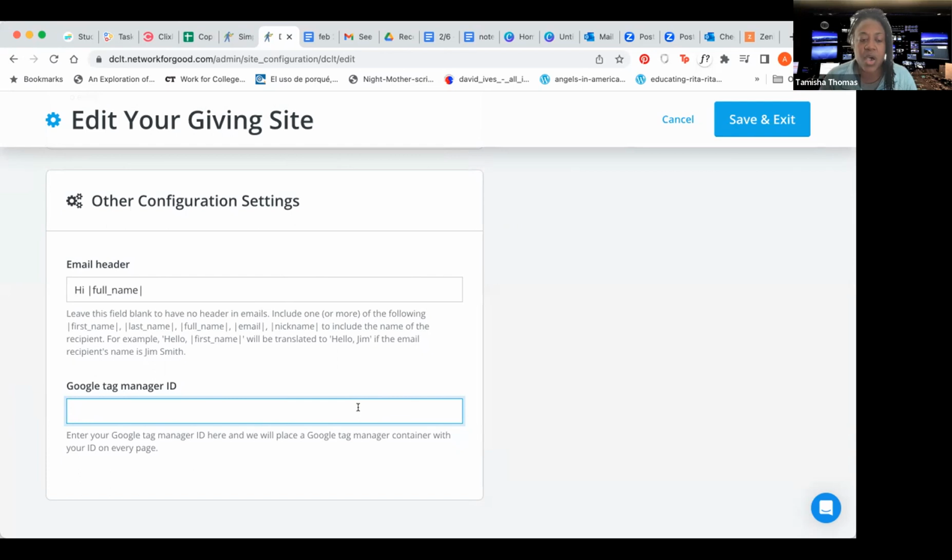And so not only can you pull together a campaign and make people aware, you can now track people around the internet. So if people come to this page and they don't give, you can start to follow them around the internet and say, hey, you forgot to give, or hey, will you give, or show them more content. And this is where you're going to put your Google Tag Manager ID. And today we're going to talk about setting one up. Okay, so this is the science.